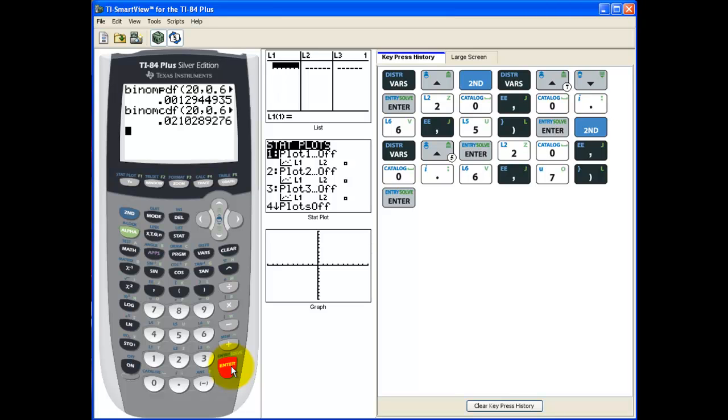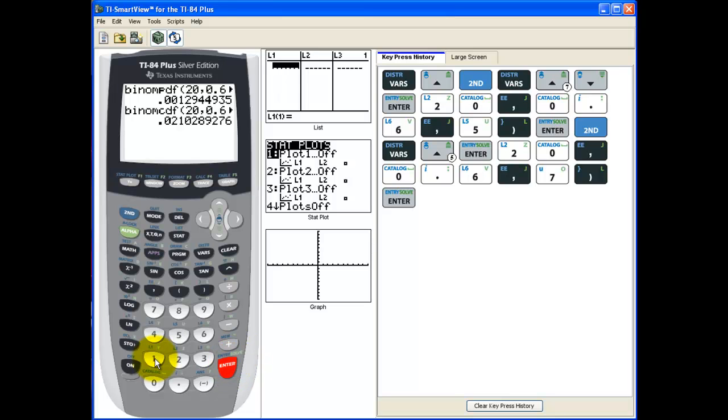Now you could calculate it directly, but the easiest way to calculate it would be to use the complement. And the complement of at least 15, which is probability that x is greater than or equal to 15, would be x less than or equal to 14, because again this is a discrete distribution.